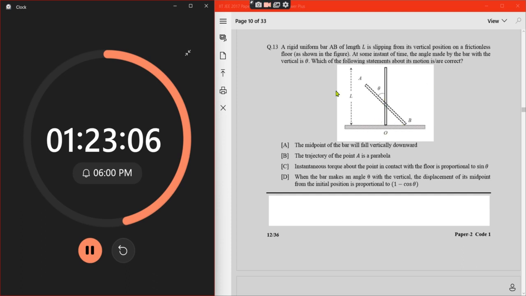The normal force acts, but we don't actually want that because it doesn't cause any torque. So only the remaining forces are left, which is what? Gravity, right? Because of this, so like integration of that. Torque is just acting about this point, right? Yeah. So it's proportional to what? Sine theta. L upon 2 sine theta is just this thing, which means yes, it is. Okay, so C is correct.